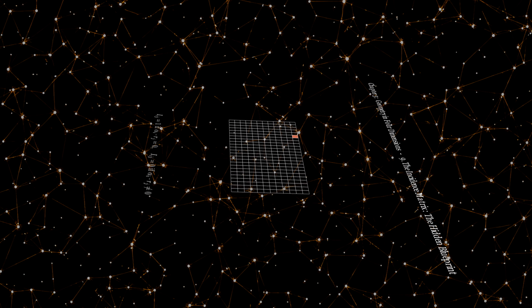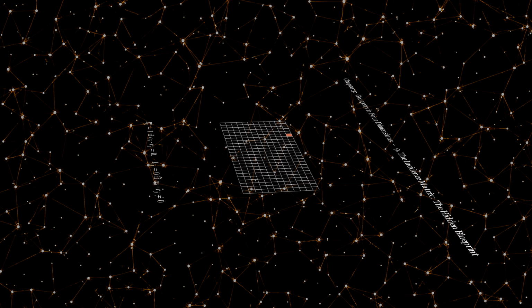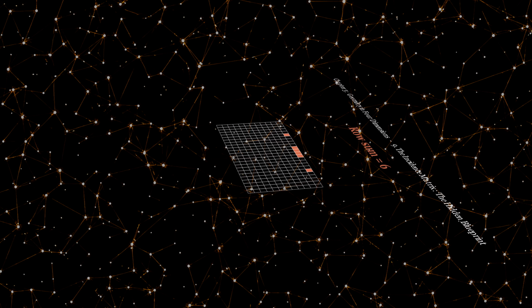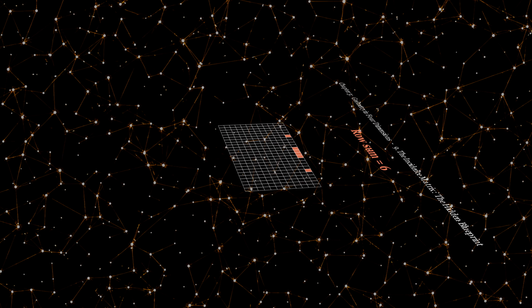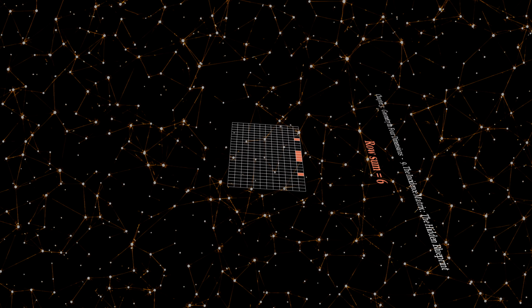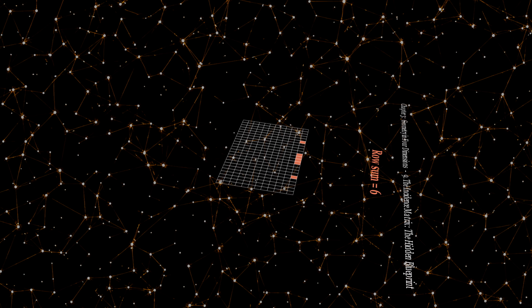This gives us a beautiful symmetry. Row sum equals 6, while column sum equals 3. And because there are 12 rows, 12 times 6 equals 72. Because there are 24 columns, 24 times 3 equals 72. The two calculations agree.